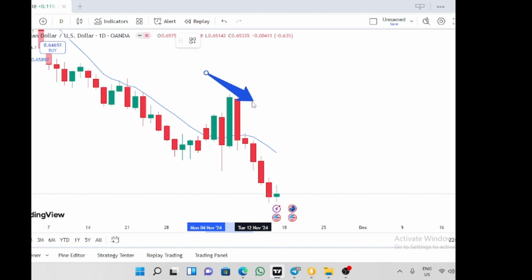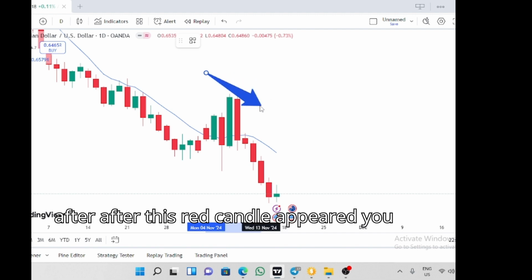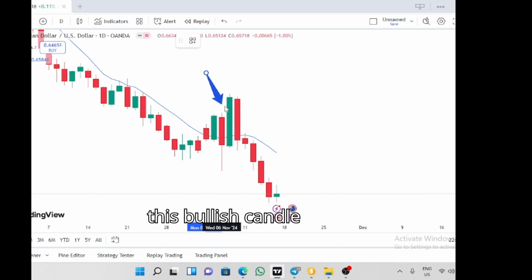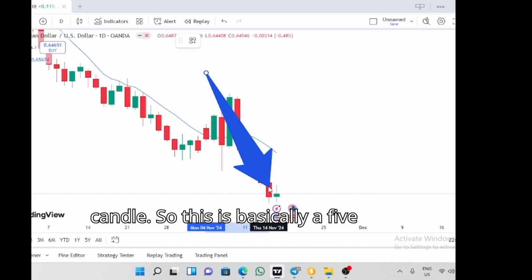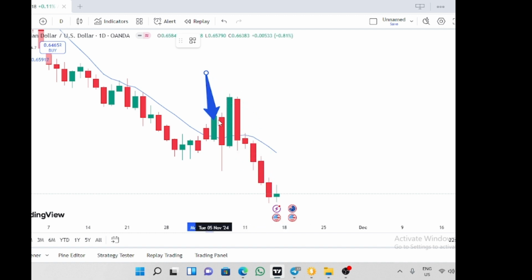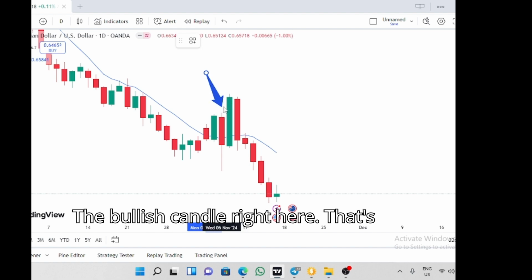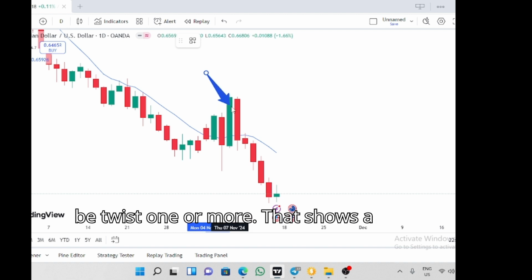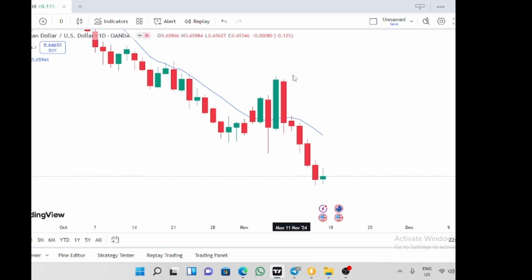Now after this red candle appeared, you can see it went away from this bullish candle with 1, 2, 3, 4, 5 candles. So this is basically a 5:1 movement away from this bullish candle right here. That's what I mean by 2:1. It should be 2:1 or more. That shows a very strong imbalance.